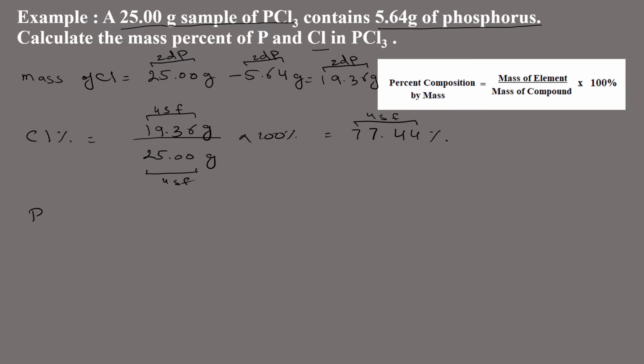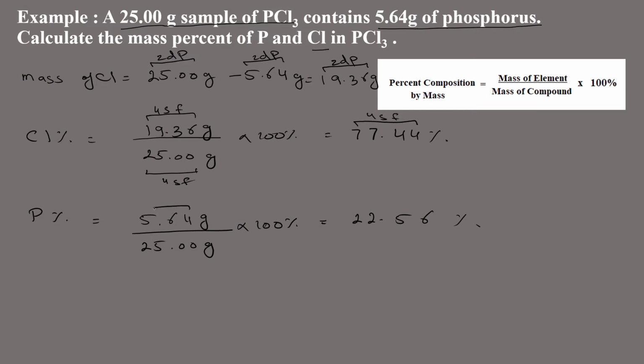For the percent composition of phosphorus, we will start with the mass of phosphorus, which is 5.64 gram, divided by the mass of total, which is 25.00, multiply by 100%, and I have 22.56% on my calculator. Let's look at our sig figs.